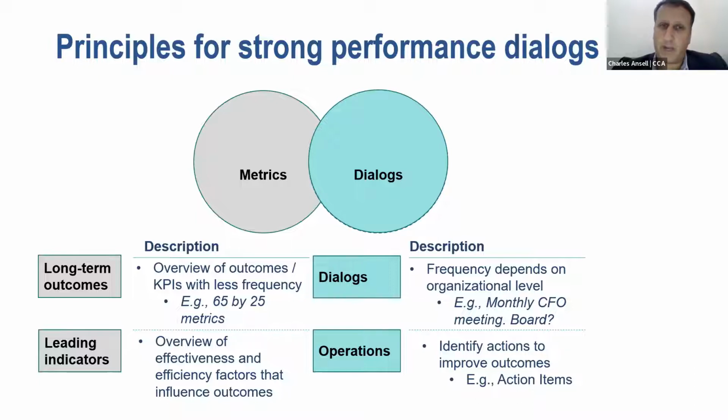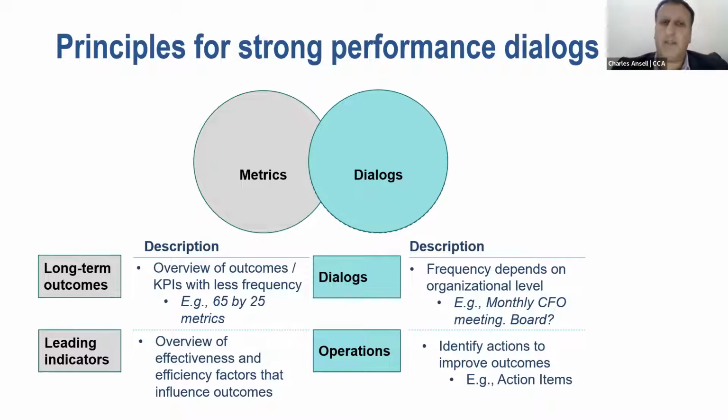So you might have a long-term metric. So for example, which KPIs are changing with less frequency. Very often, the most common statewide attainment goal is having 65% of working age adults having a credential of value by 2025. So knowing those completion metrics, you might have something else for your college, but the idea is your more lagging indicators would go in there, and the people who would dialogue about it are potentially something that would come up at a CFO meeting or at a board meeting or something like that.